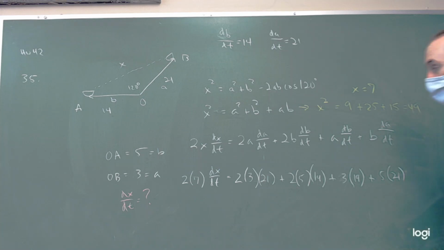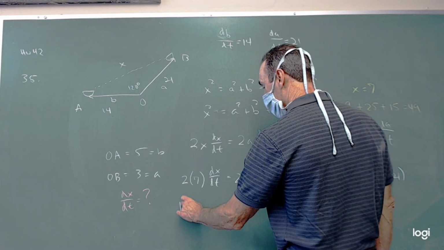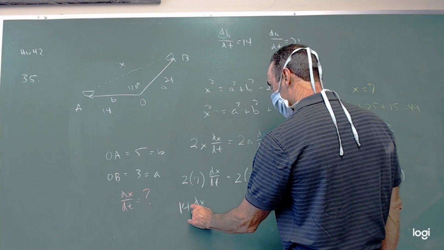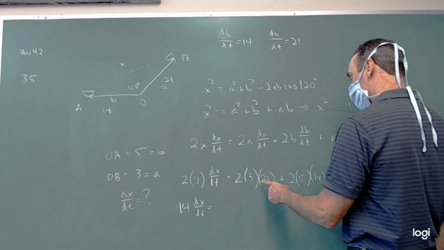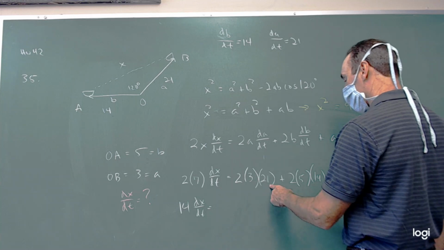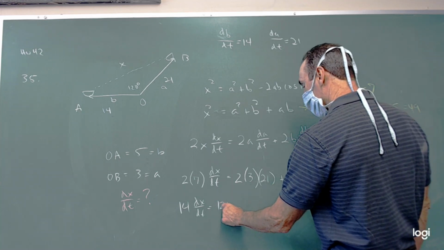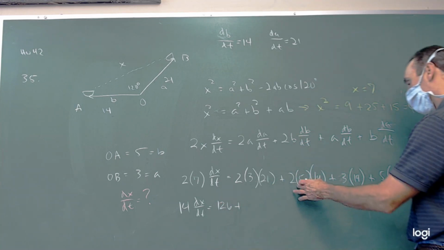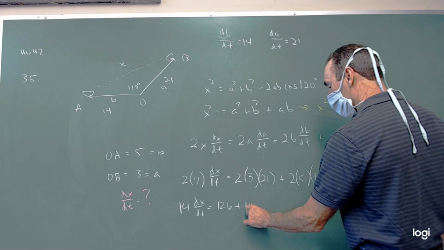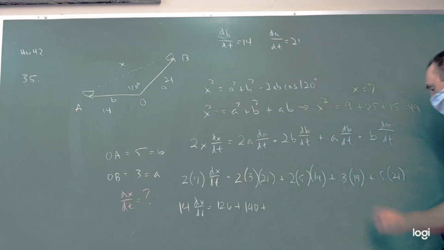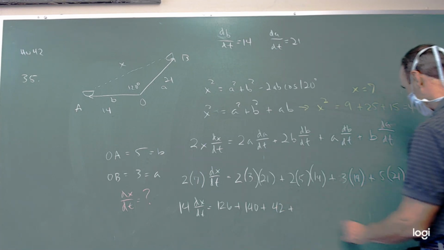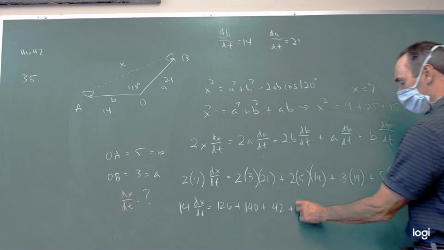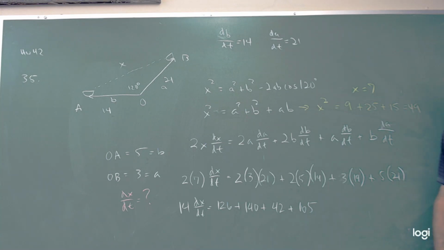All right, looks like 14 dx/dt is 6 times 21 is 126, I think. 10 times 14 is 140. 3 times 14 is 42, and 5 times 21 is 105. Doing okay so far?